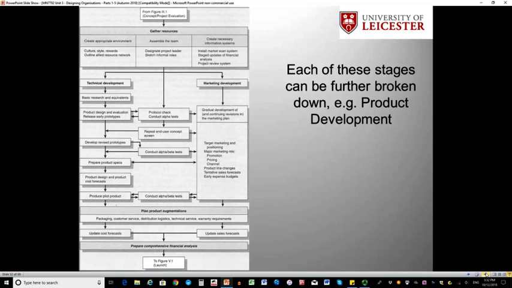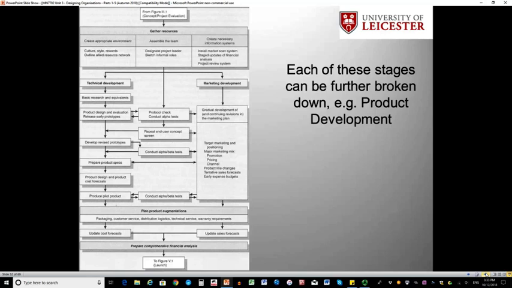And for example, this is from another textbook, and it's relating to innovation processes within more complex products and organisations, and you can see what they've done here is to take that first stage of the Kotler model I've just shown you and break it down into a whole plethora of sub-stages and sub-activities.